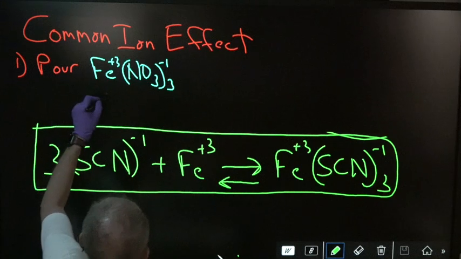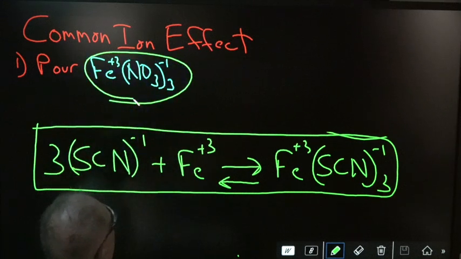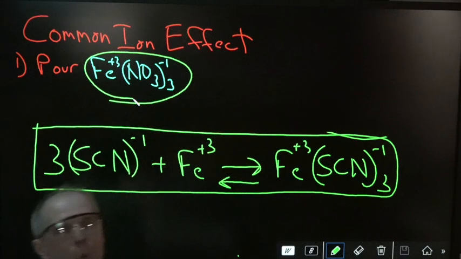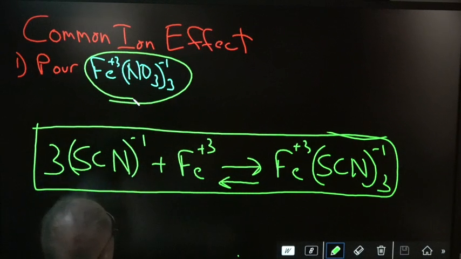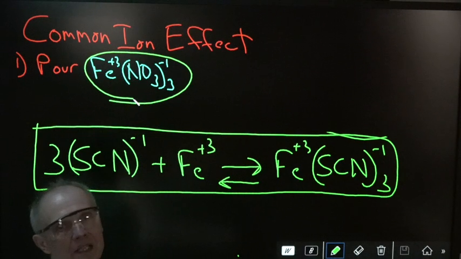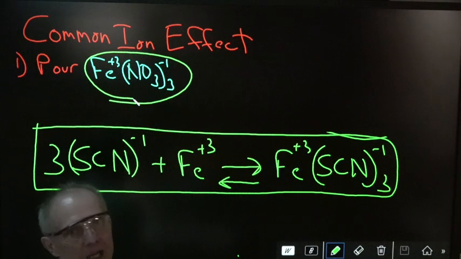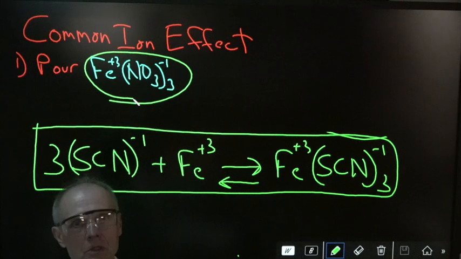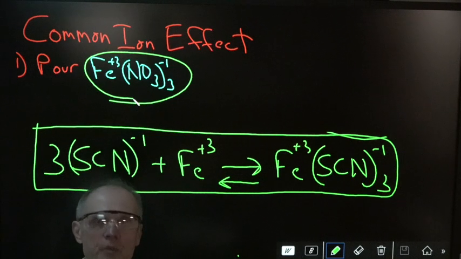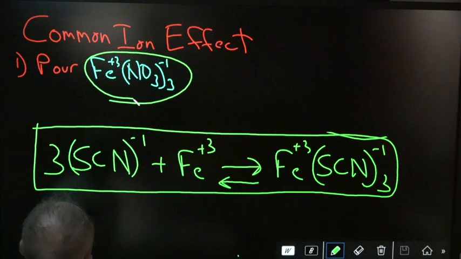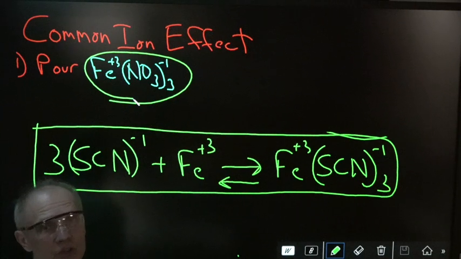If we take this Iron III nitrate and pour it into there, what would the common ion be? Think about that, because you're going to have to write it down for number one. What's the common ion? And would that be a mound or a hole? And if it's a mound, which way is the reaction going to fire? So before I do that, we're going to assign colors to these things. SCN, no transition metals.